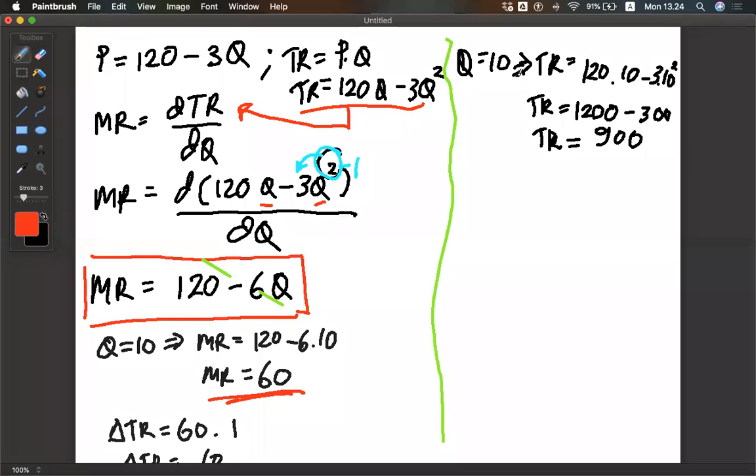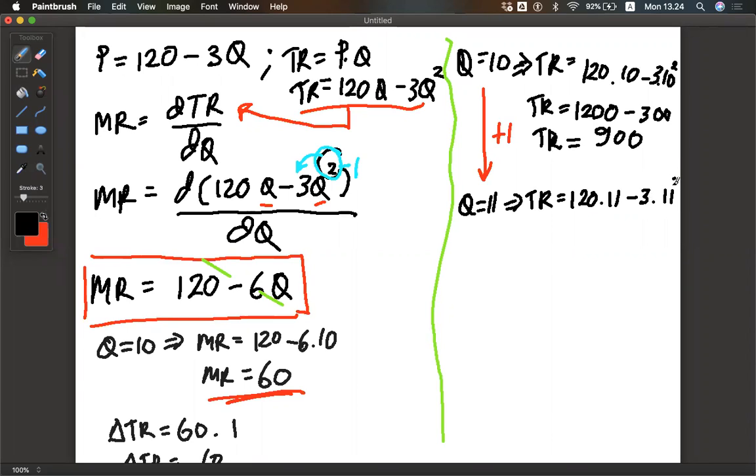Then what will happen if the quantity increases by 1? If the quantity increases by 1, the quantity will be 11. And then how about the total revenue? 120 times 11 minus 3 times 11 powered by 2, or 11 square.